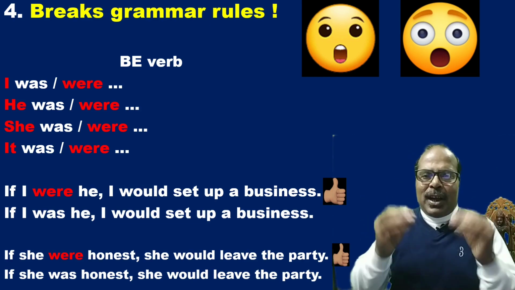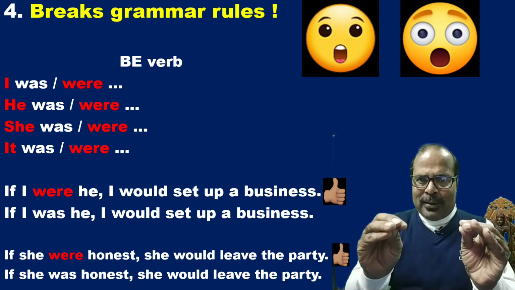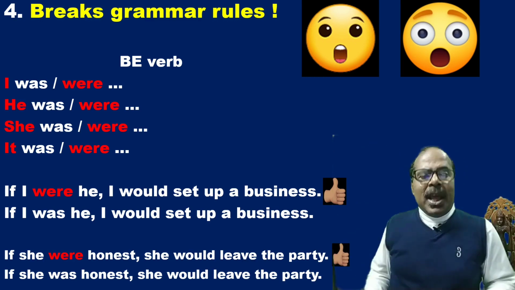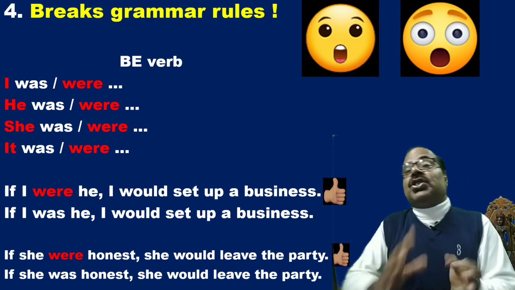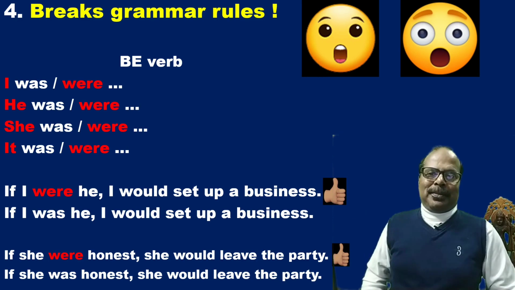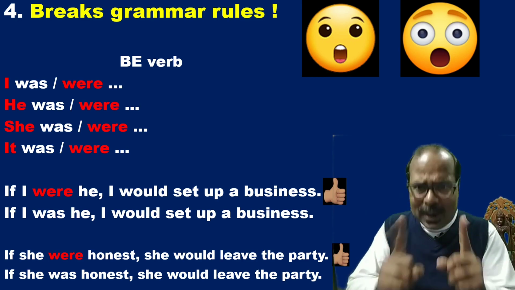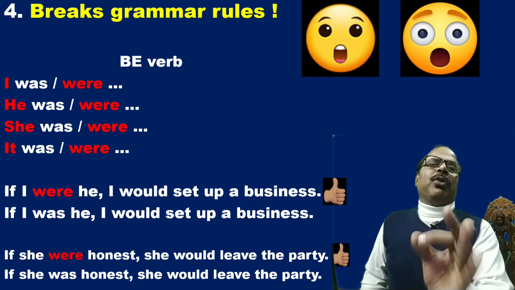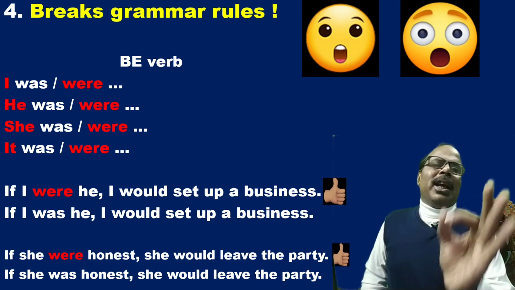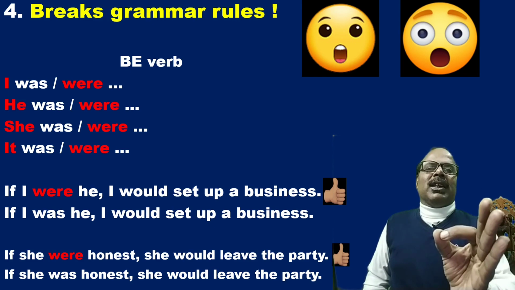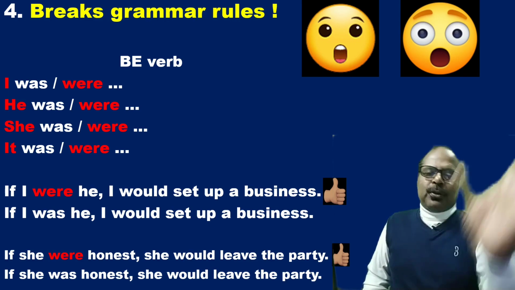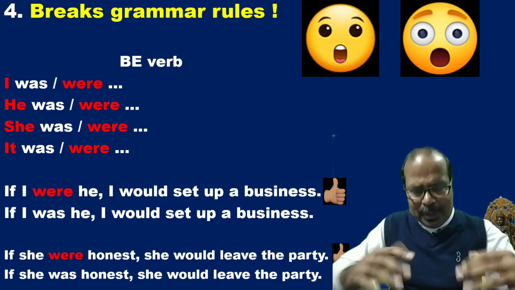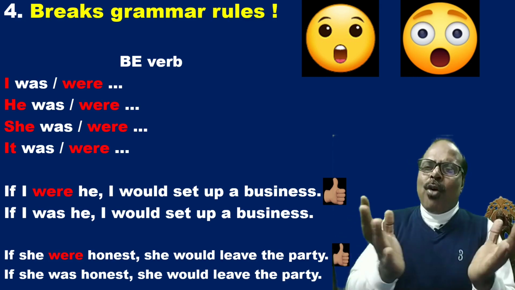I would prefer using were instead of was. If she was honest, she would leave the party. If she were honest, she would leave the party. And the second one, that is were, in place of was, in second conditional, should be used. It is a bit more formal and more acceptable.